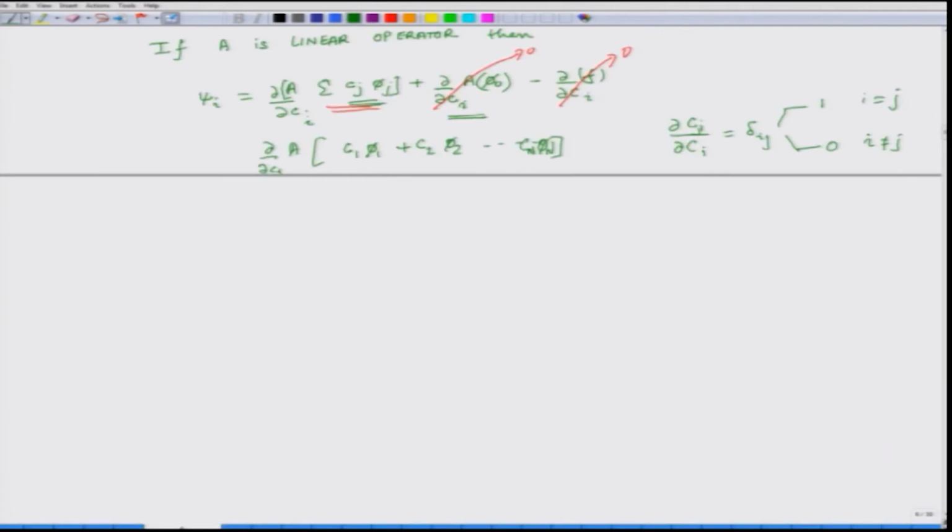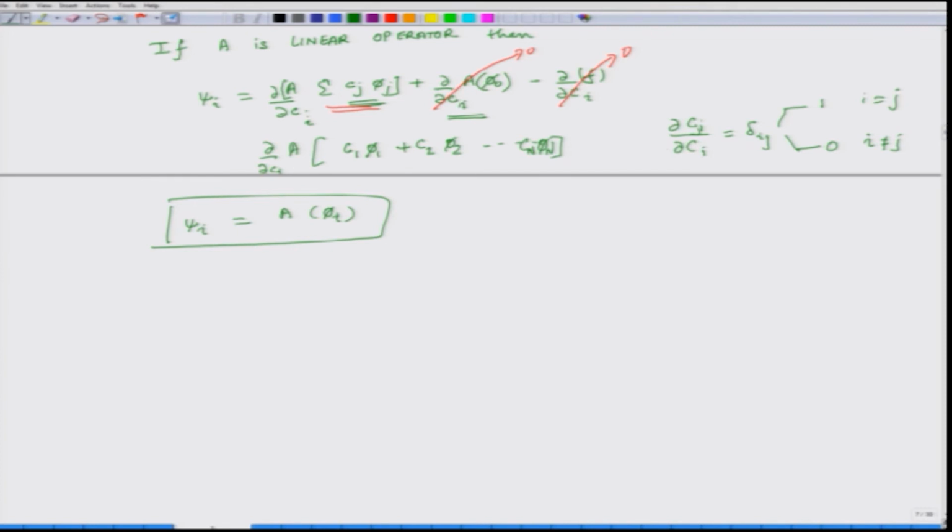Because of this, psi I equals A of phi I. All other terms will be 0 and the coefficient of phi I will become 1, because partial of Ci with respect to Ci is 1 if i and j are the same.